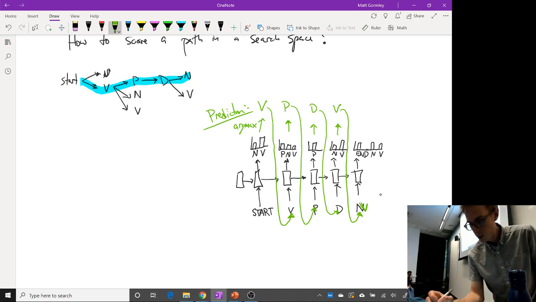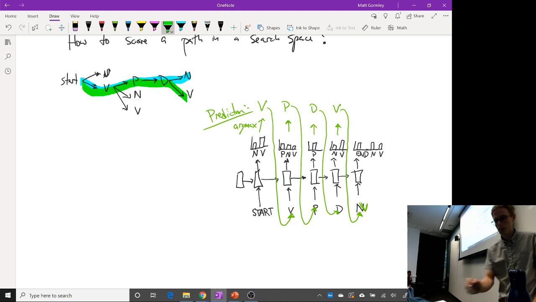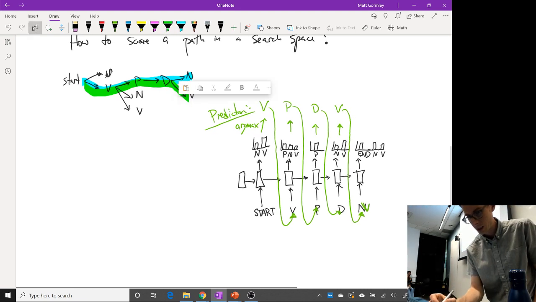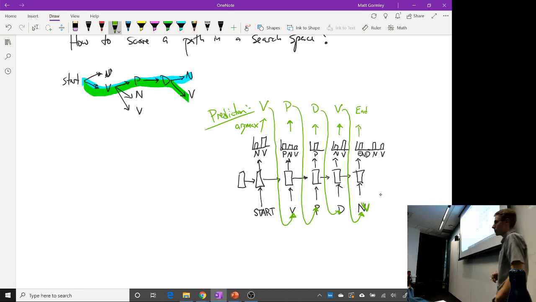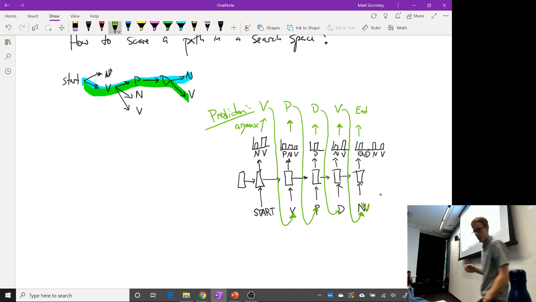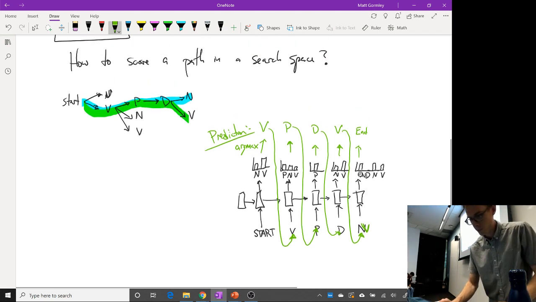And that would actually correspond to the score for a different path. And then finally, we get some end token here, and that tells us to stop. So this is nice. It shows us how to do prediction.